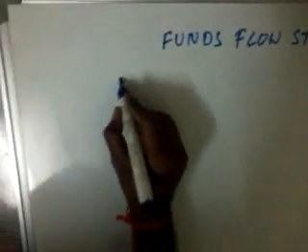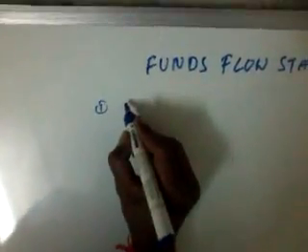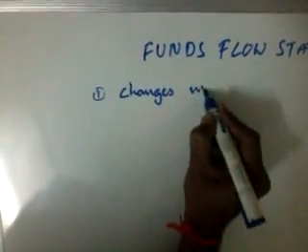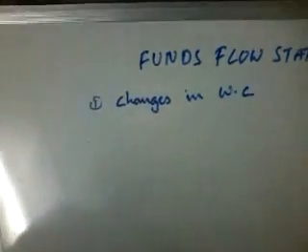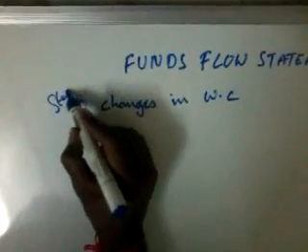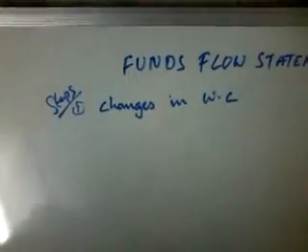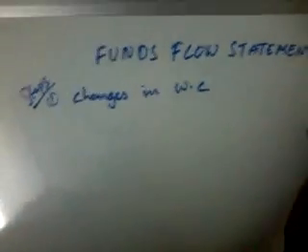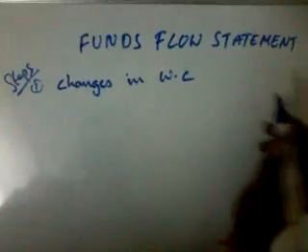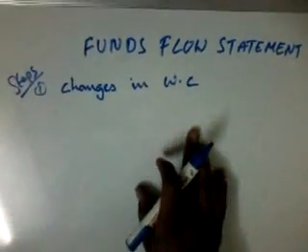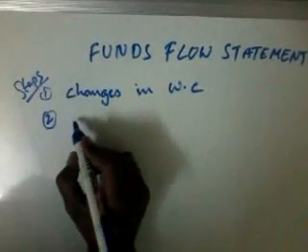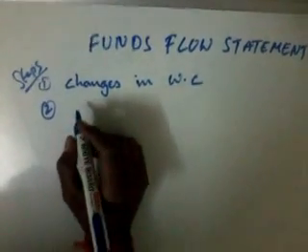In step 1, we have to find out the changes in working capital. These are the steps to follow while preparing a funds flow statement. The second step is the computation of funds from operations.